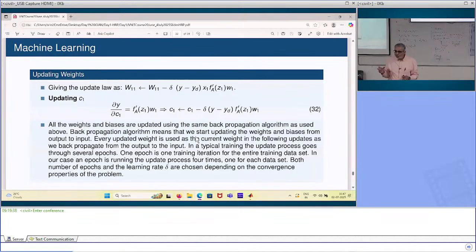If you did not do that, if you updated all the W's together, you can do that. There is no harm. You can write all the W's together and all that. Easily done. But that algorithm, it seems, is not very stable. In the sense, the errors don't reduce very fast.